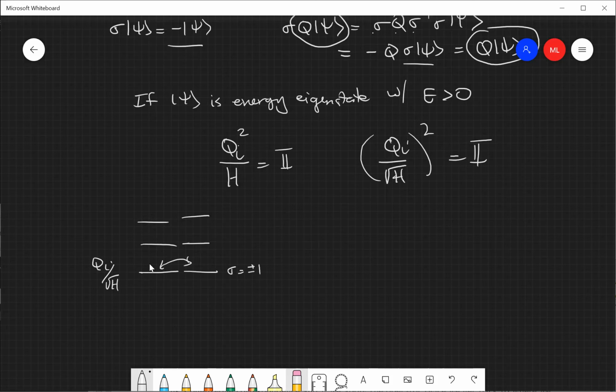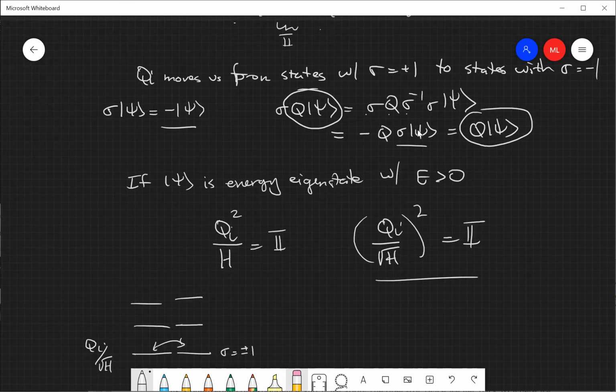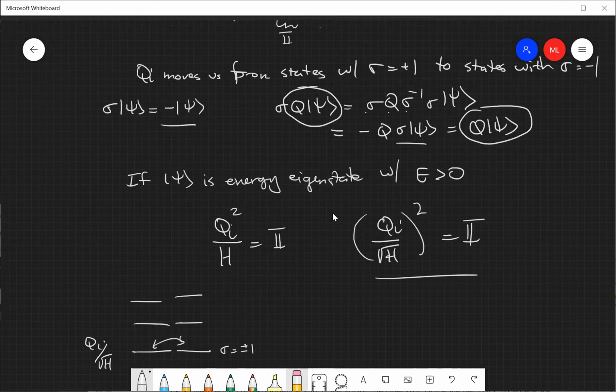Any Hamiltonian that's supersymmetric is going to have doubly degenerate excited energy states, at least doubly degenerate, because of this property and the fact that Qi acting on a state will flip the parity of the state.